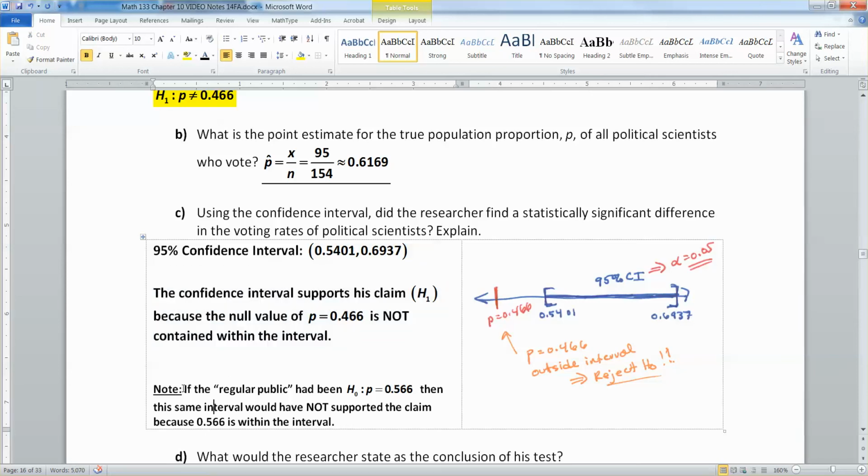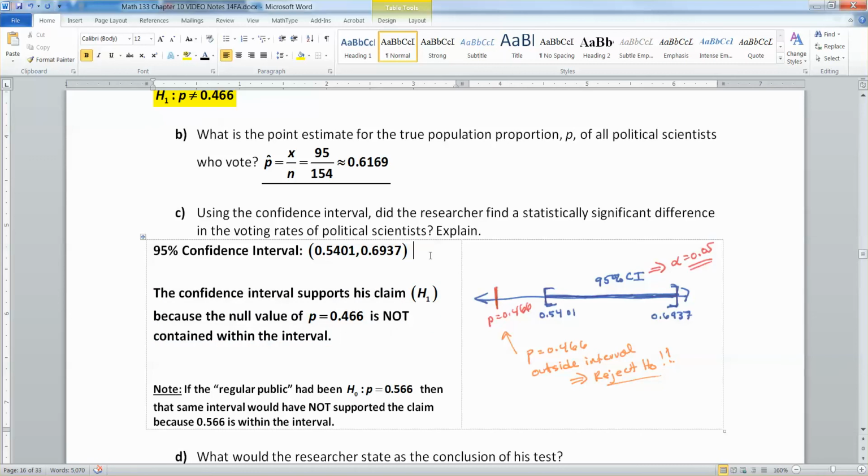Now, just something to note, if the regular public had been the null hypothesis of P0 equals 0.566, then that same interval would have not supported the claim because 0.566 is within the interval, right? So it's all about what that null hypothesis is. Since the null hypothesis in our example is not in that interval, that supports his claim.